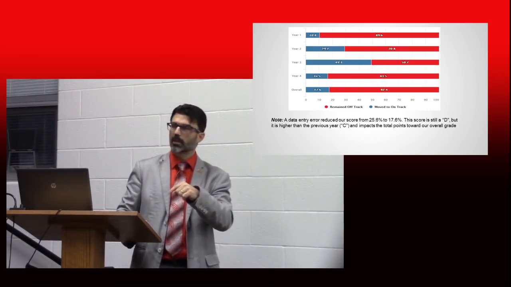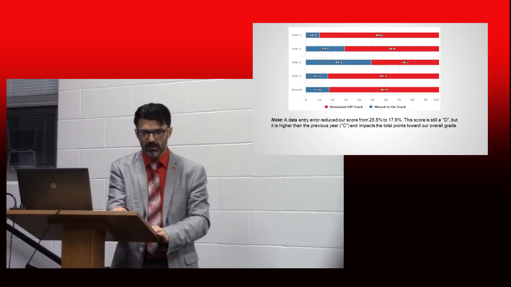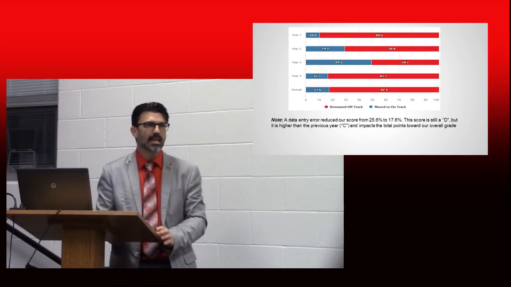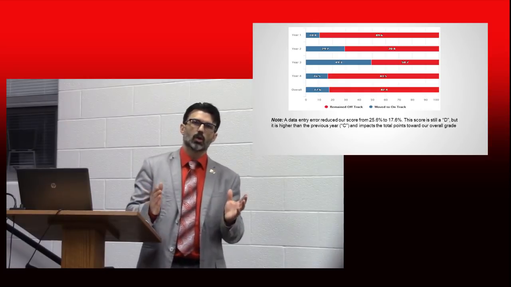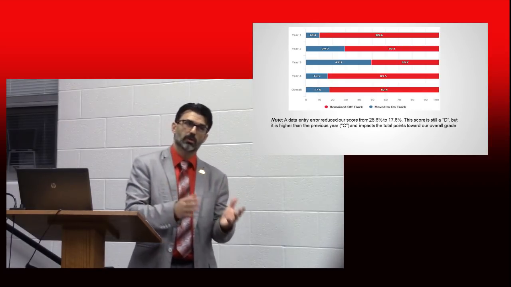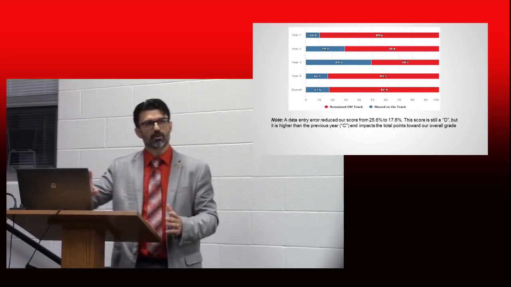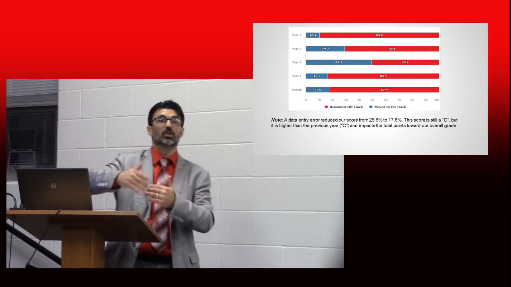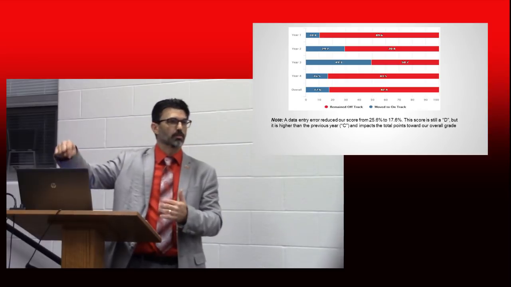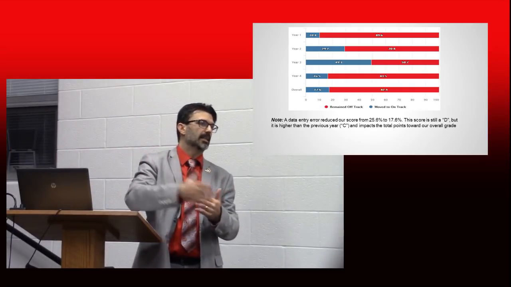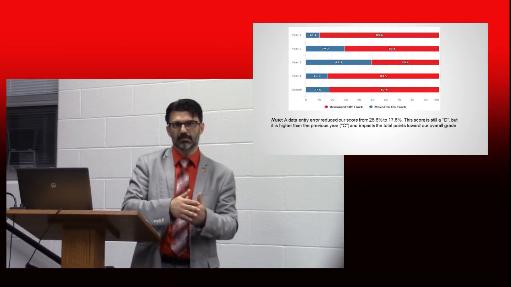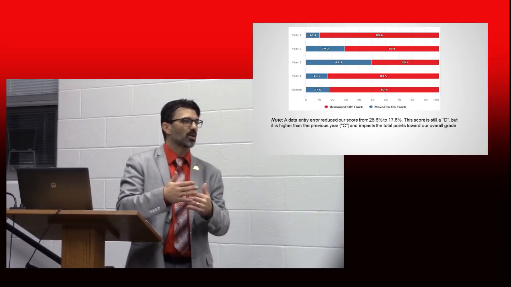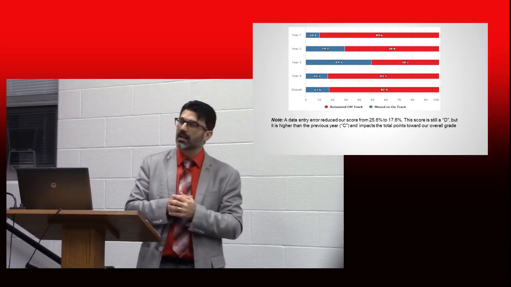Okay. What happened to us this past year is we didn't actually have kids who weren't on plans who were supposed to be, but whenever the data was input into the data management system, we had some kids that were coded wrong. So to the computer, it looked like we had kids that didn't have plans that actually did. So that drug our score down. That's what happened there.